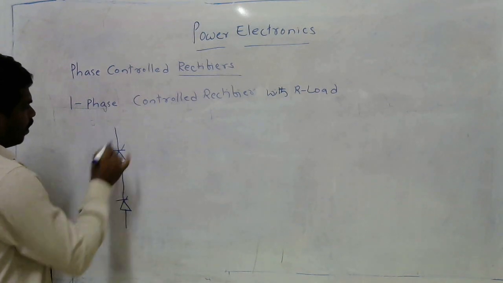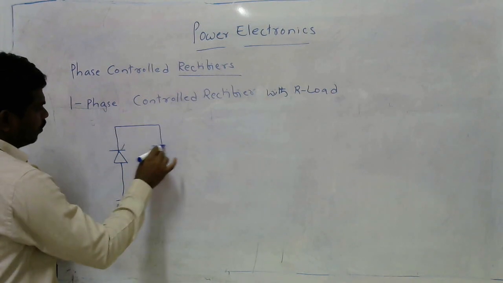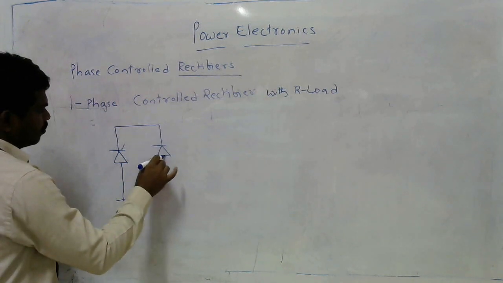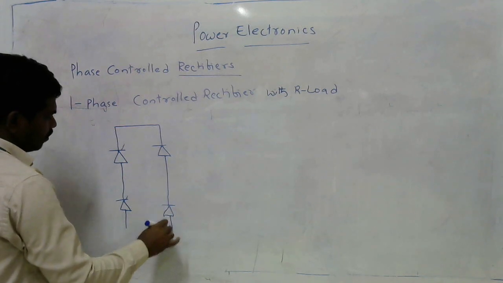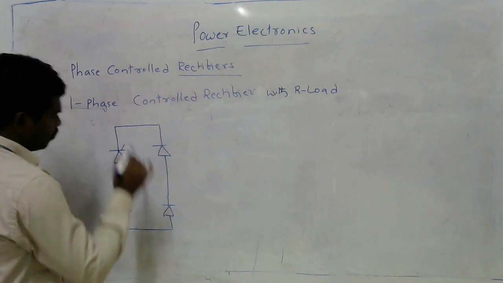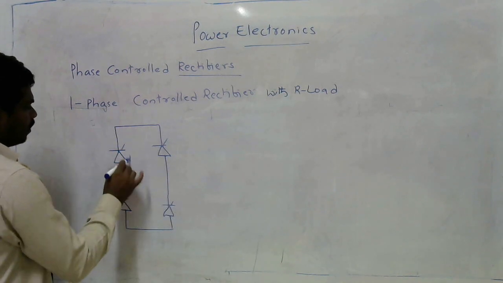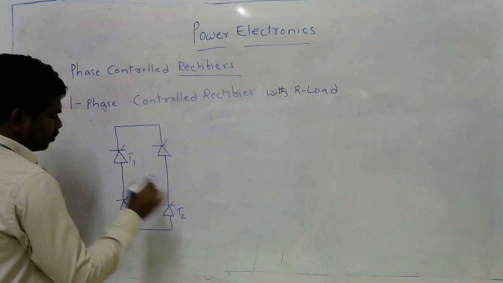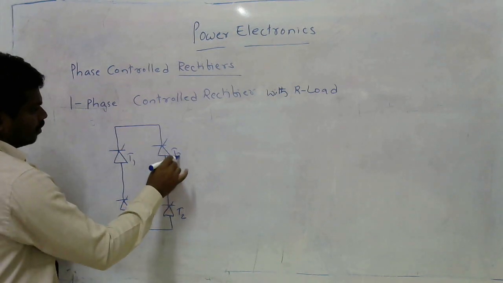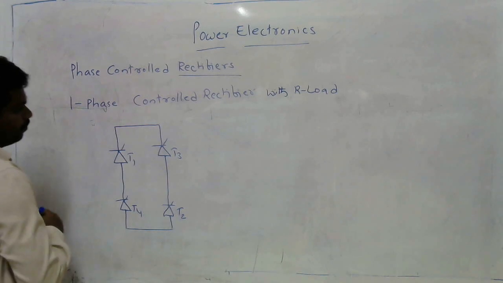This is one arm, and another arm is like this, the same as that one. I am calling this thyristor T1, this T2, this T3, and this T4.